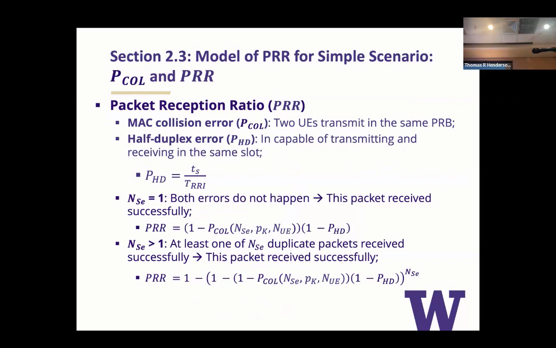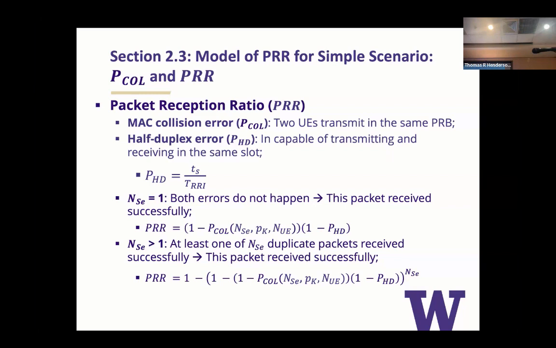The half duplex error happens because the UE is unable to transmit and receive in the same slot, so it depends on the number of slots in an RI. Since TRI over TS is the number of slots in an RI, we just take the reciprocal. This is the probability that the half duplex error happens.